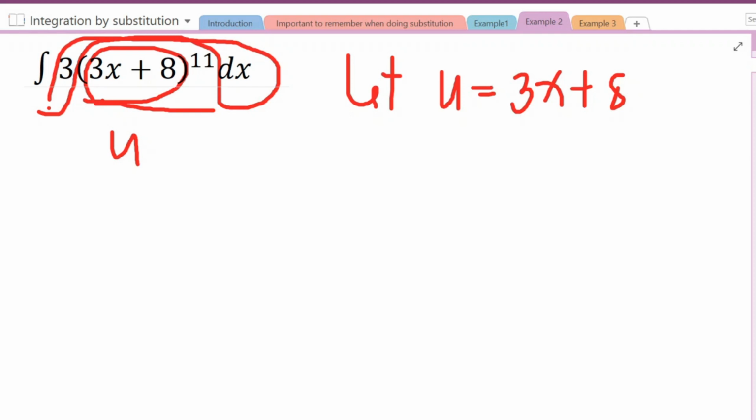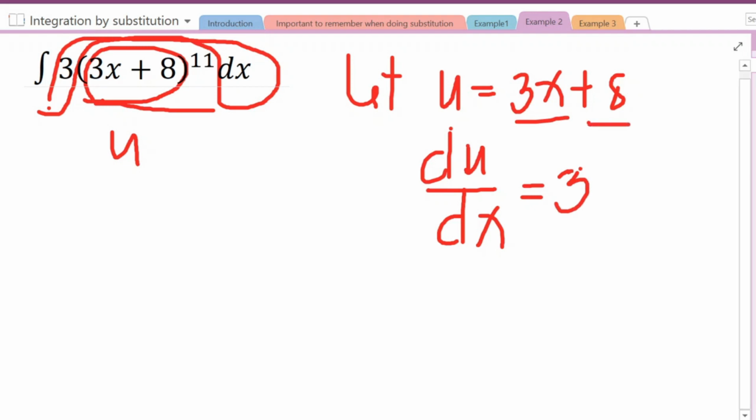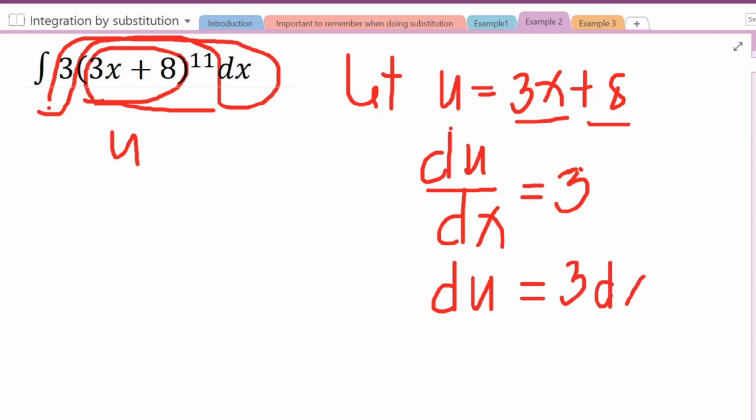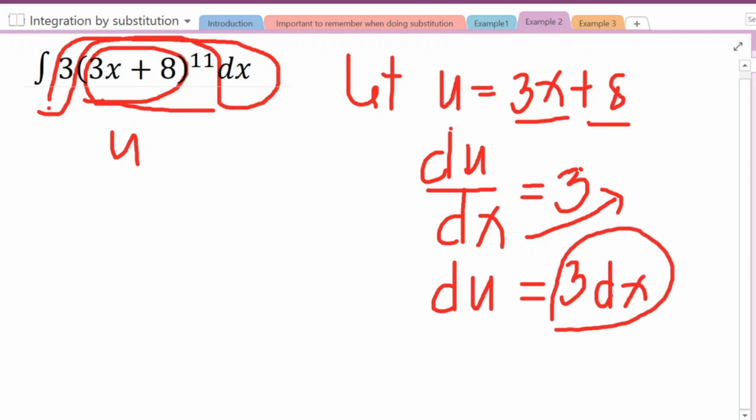What is the derivative of u, or du with respect to x? Derivative of 3x is just 3. Derivative of positive 8 is just 0. So you only have 3. We can rewrite this equation here as 3 dx. We can multiply it here, 3 dx. And there we have it. This is exactly the rest of the integral.